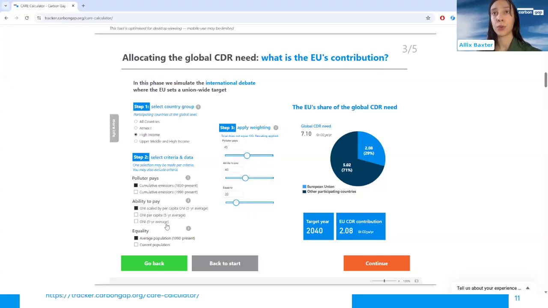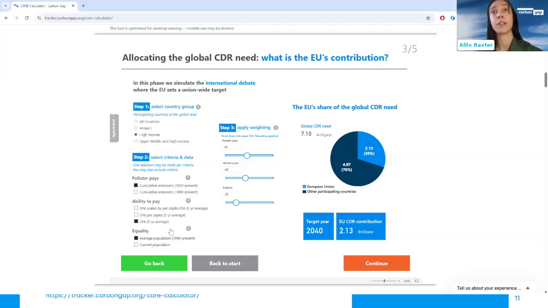So GNI here is gross national income, and that is the total wealth of a country. And then you also have gross national income per capita. So that is the average wealth of an individual living in a particular country. Both of these kind of have limitations if we think of applying them to who should be delivering CDR. So gross national income, for example, you can think Poland has a large GNI within Europe, but maybe not the largest GNI per capita.